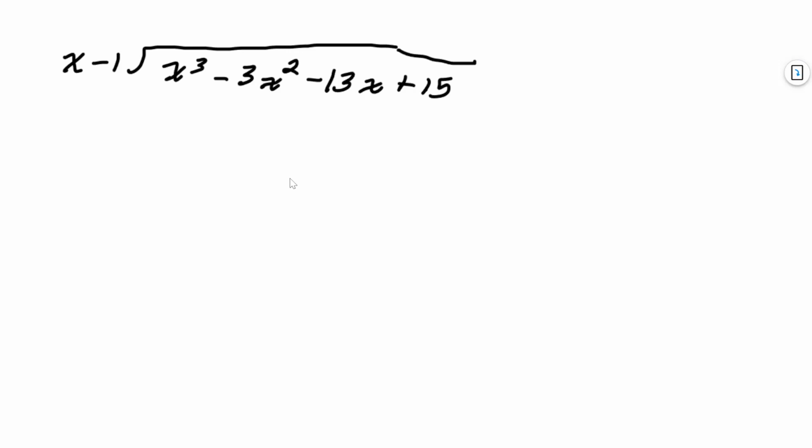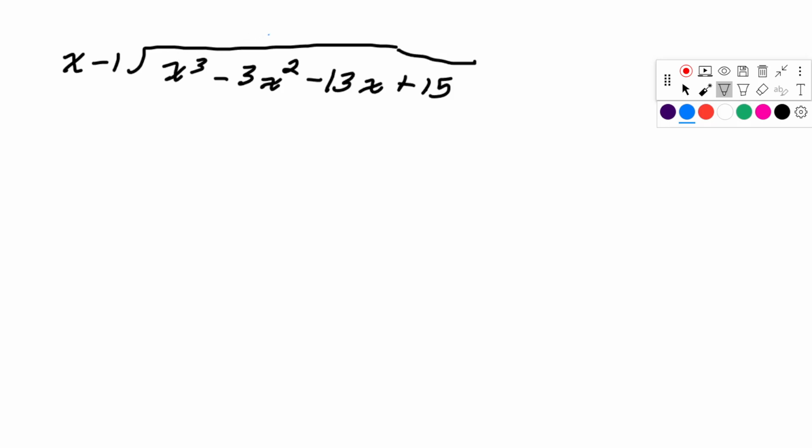So here's that problem. We have the x cubed minus 3x squared minus 13x plus 15. And what we want to ask ourselves first is, what do I have to take times x to get x cubed?